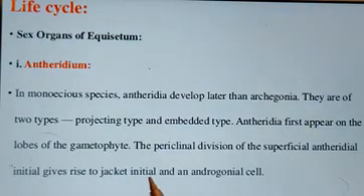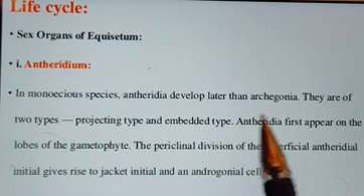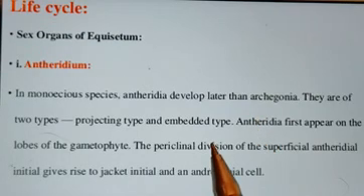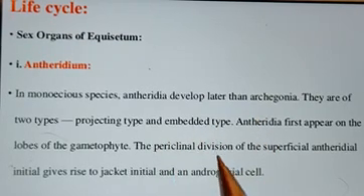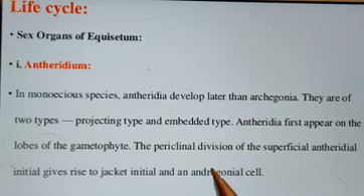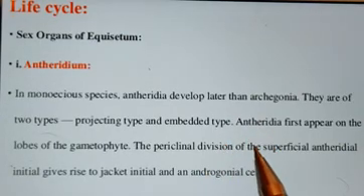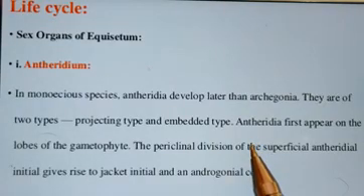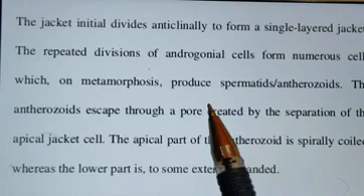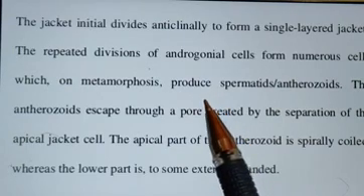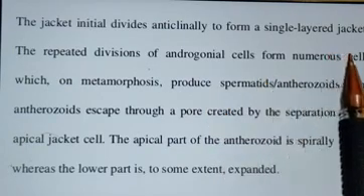It gives rise to the jacket initial and an androgonial cell. So one cell divides into two cells, one covering cell and an inner cell, which behaves as the androgonial cell and produces the androcytes. The jacket initial divides anticlinally to form a single-layered jacket.